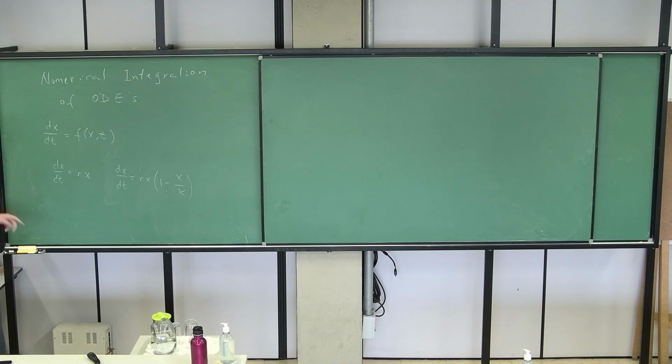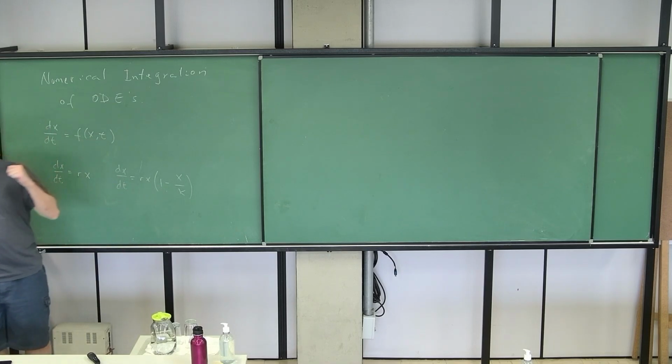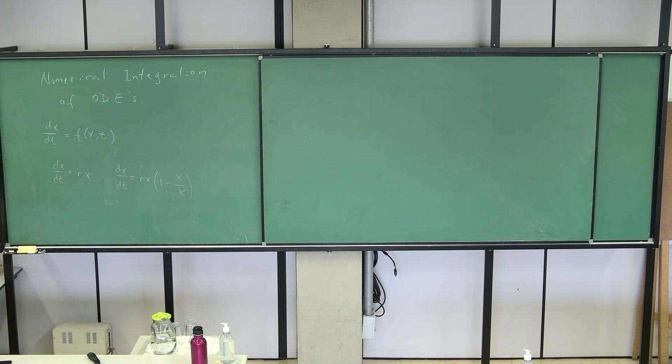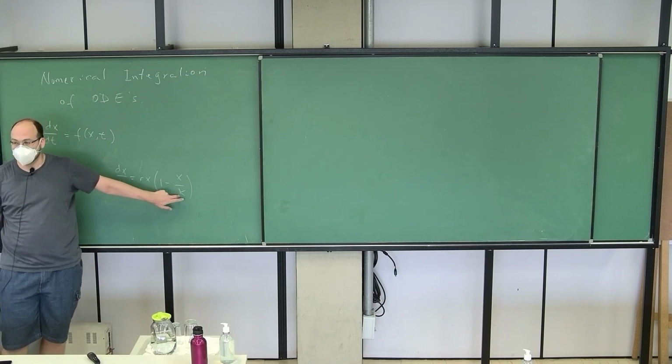For instance, if I have a population that has seasons, a growing season, so that either the growth rate or the carrying capacity changes over time.